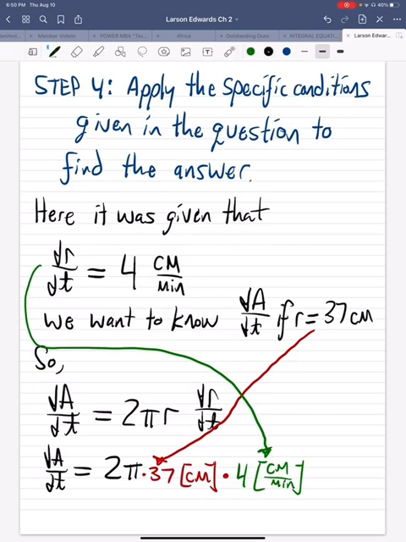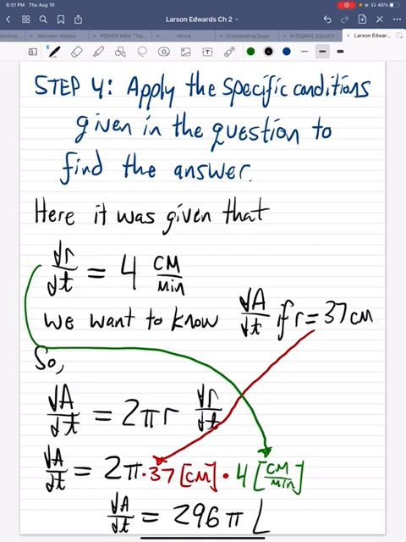So our final answer is that the rate of change of the area with respect to time, if r is equal to 37 centimeters, is 2 pi times 37 times 4, which is 296 pi.